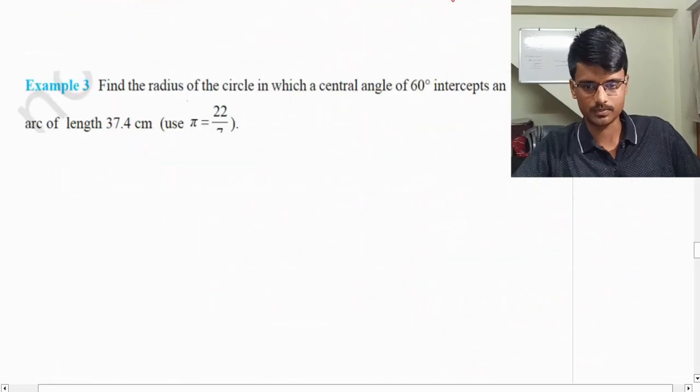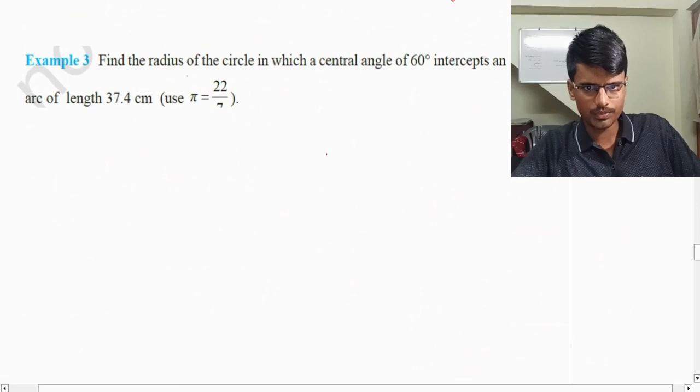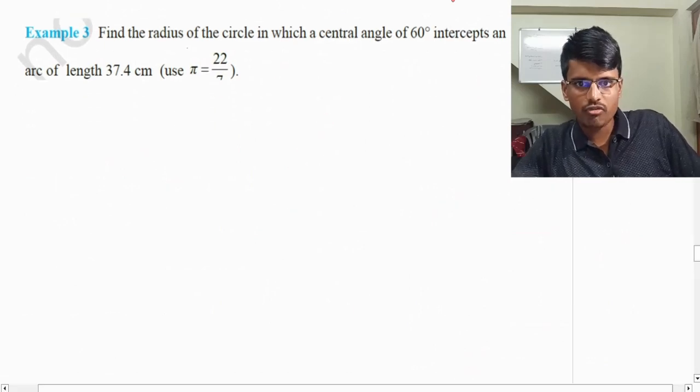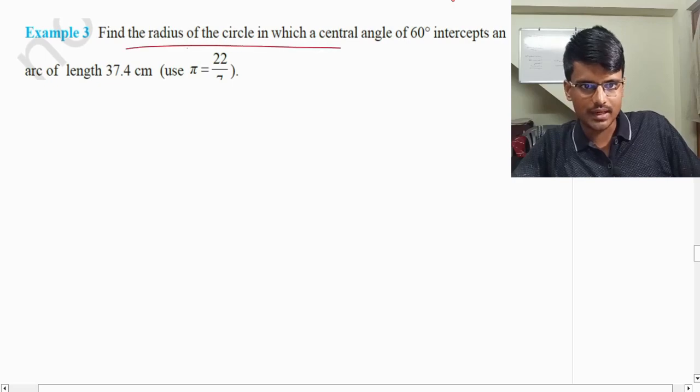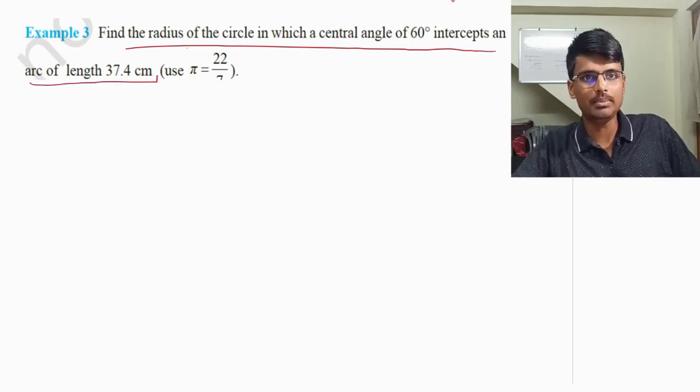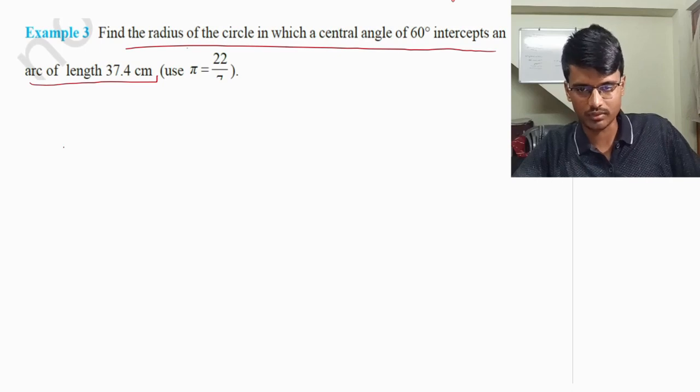Moving on. Here we'll be solving a question. Find the radius of the circle in which a central angle of 60 degrees intercepts an arc of length 37.4 cm. Here we'll make use of the formula that I have told you: L is equal to r theta.